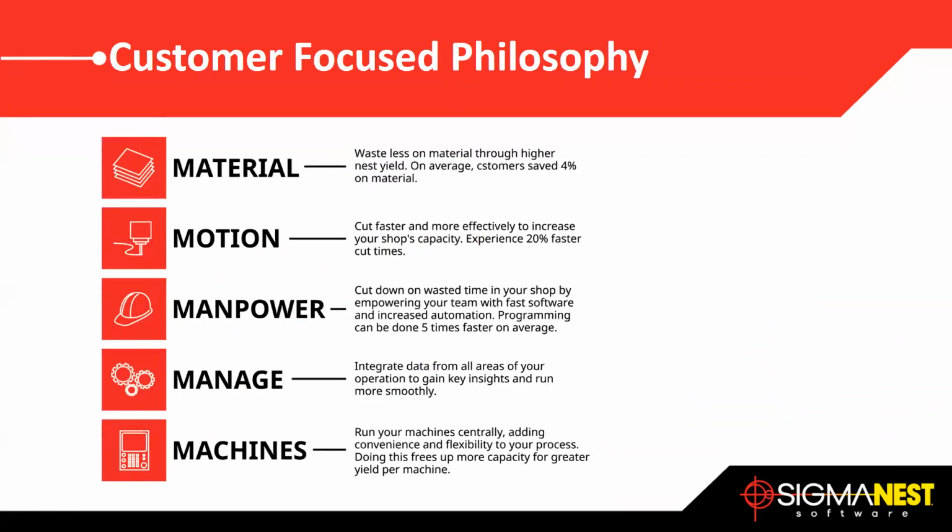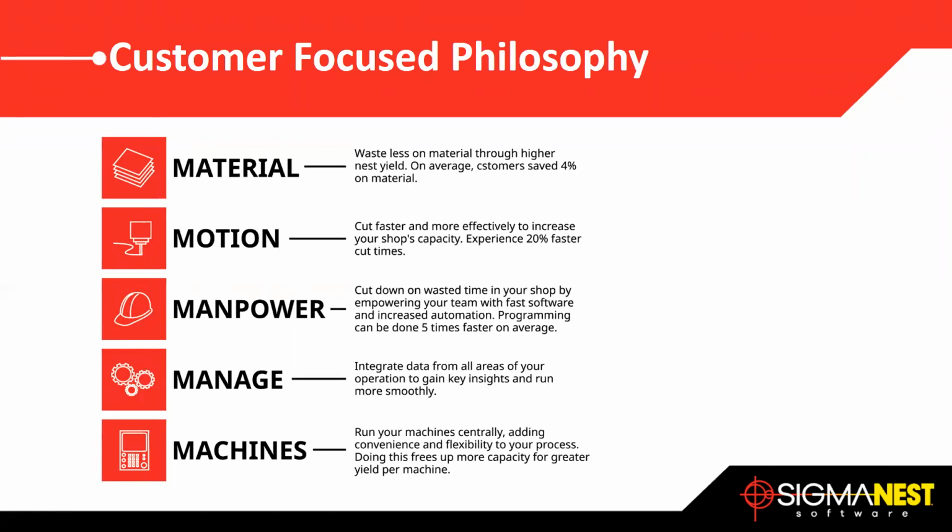We do this primarily by focusing on 5 key factors. These factors include getting the most out of your material, and that may look like only a couple percentage points, but if you take that out over a year's time period, it turns out to be a significant amount.